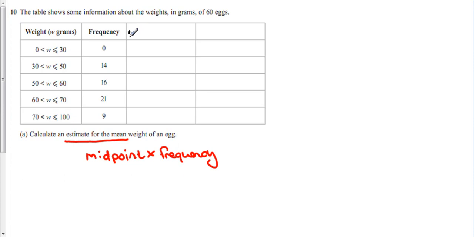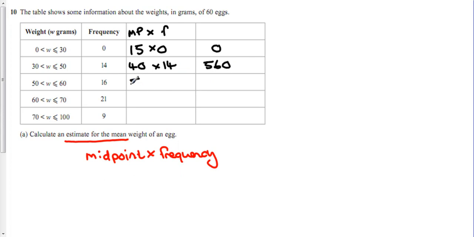So the first thing we need to do is do our midpoint times the frequency. And the midpoint of this group is 15, but we're timesing that by 0, which will obviously give us 0. The next group has a midpoint of 40. If we times that by 14, we'll get 560.